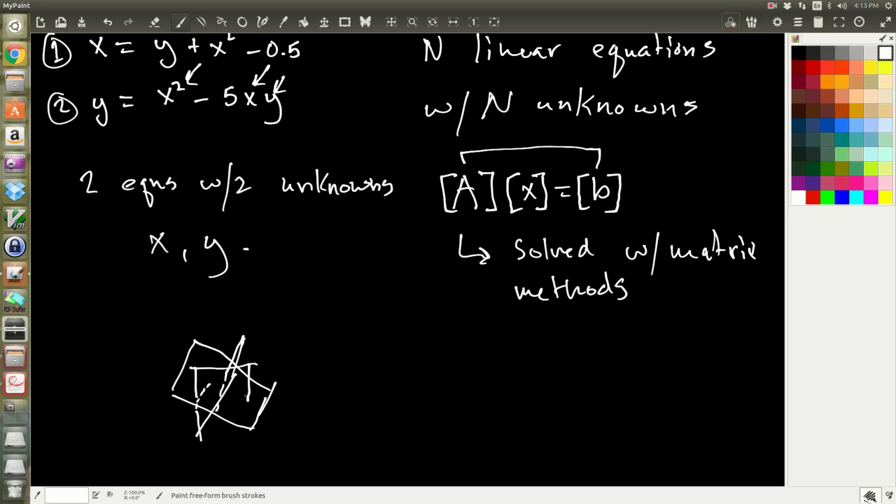Doing a bad job of drawing planes here. I'm supposed to have three different planes here. So three planes. They all intersect at a single point.